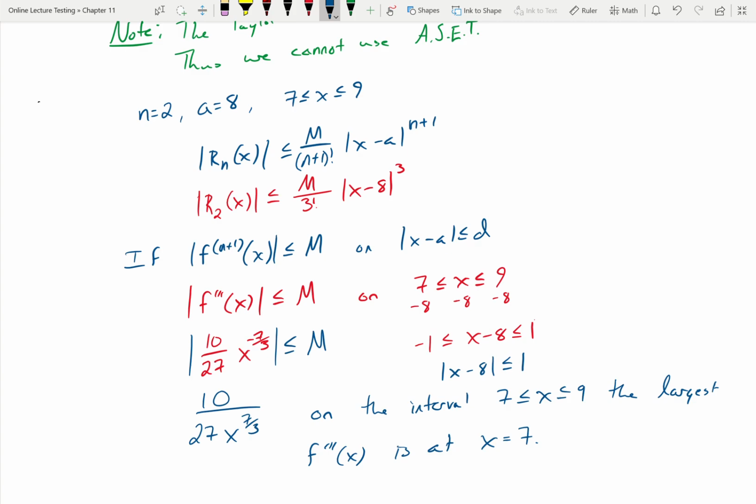Okay, so when I plug in 7, that is going to be less than if I plugged in the value 9. So here I'm trying to maximize what M is. By doing that, I have to use the smallest value of x, because the larger the denominator, the smaller the number.